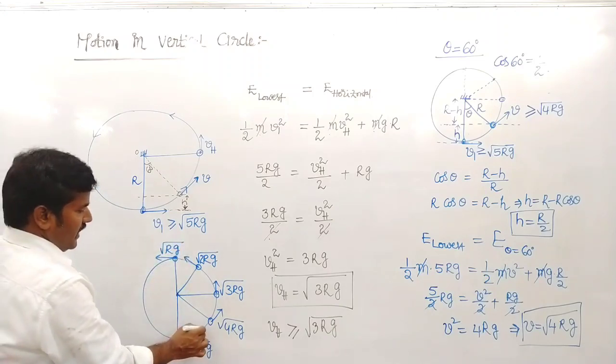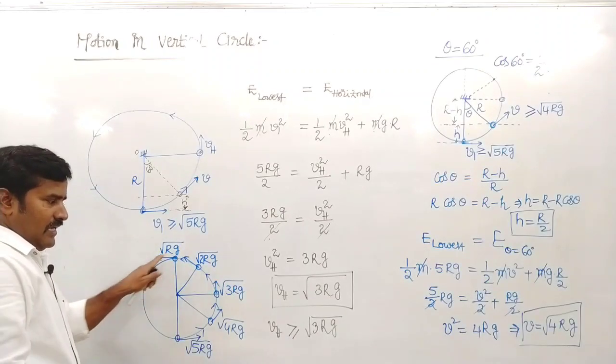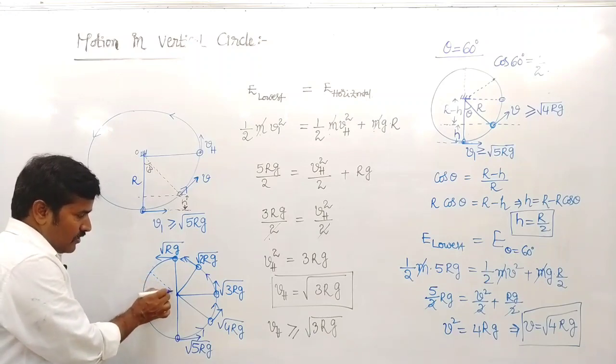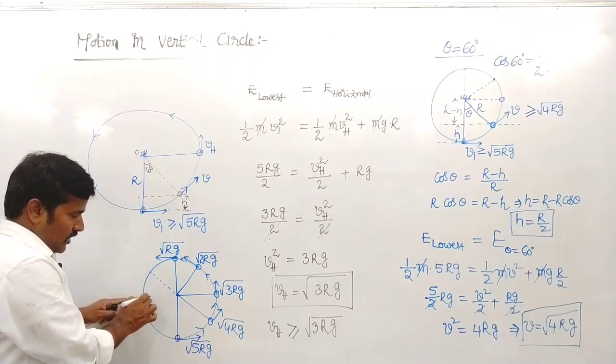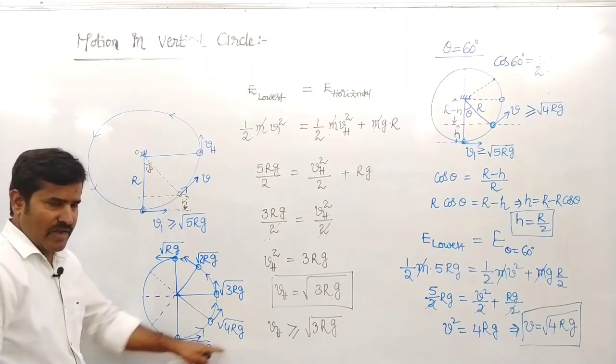The speed continuously decreases up to the top, then continuously increases: root 2 rg, root 3 rg, root 4 rg, root 5 rg.